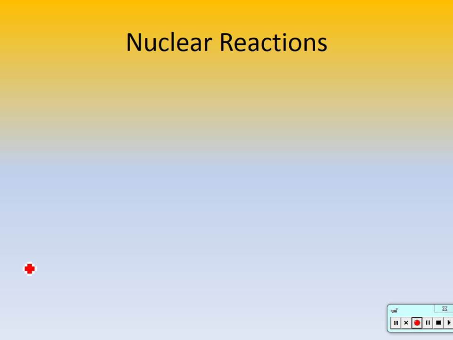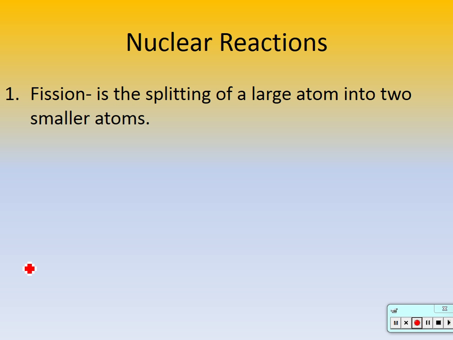The first nuclear reaction that we're going to learn about is called fission. You're supposed to write it, so if you're watching the video, please have your guided notes open and be filling out your guided notes as we go through this. So fission is the splitting of a large atom into two smaller atoms. So it is the splitting of a large atom into two smaller ones.